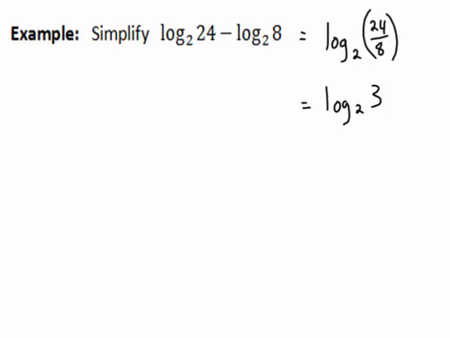So that's if we have addition or subtraction or multiplication or division. What about the power rule? Just as we had a power rule in exponents, we have a power rule in logarithms, and this time we're just going to start with x equals b to the m.